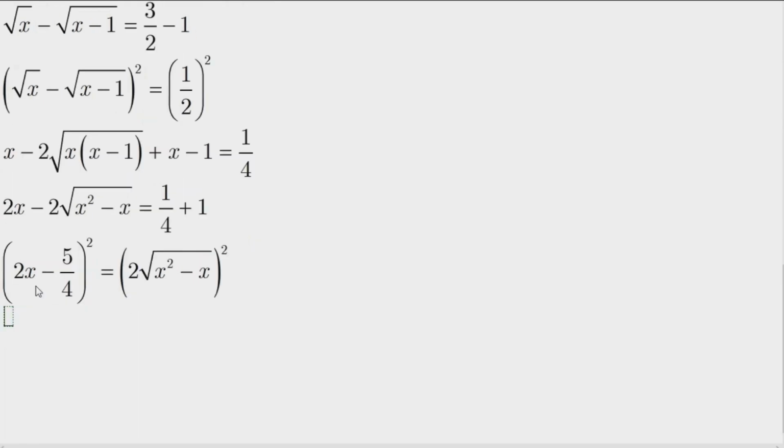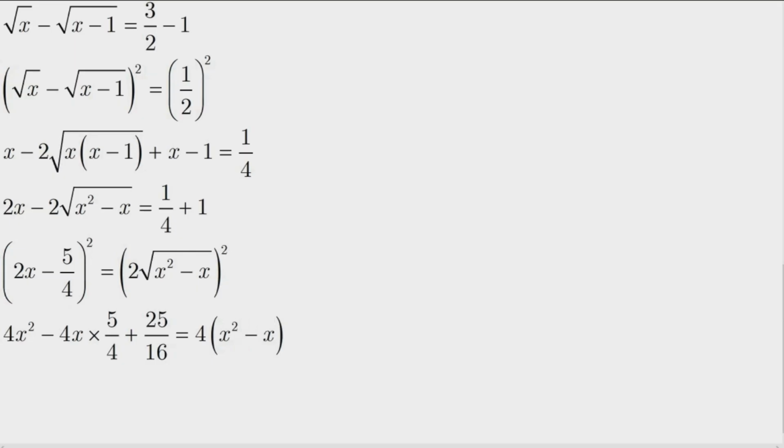Okay, then a minus b squared formula, that will be a squared, which is 2x squared, equal to 4x squared, right, then minus 2ab, that will be 2 times 2 is 4x, and times 5 quarters, and then plus b squared, so that will be 5 divided by 4 squared, which is 25 divided by 16 equal to, so 2 squared equals 4, and then times x squared minus x.